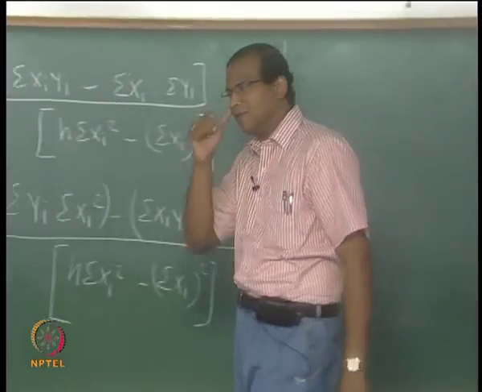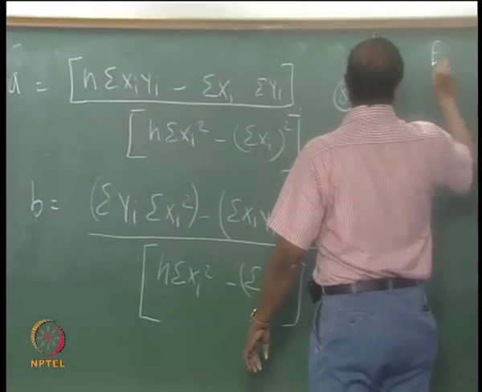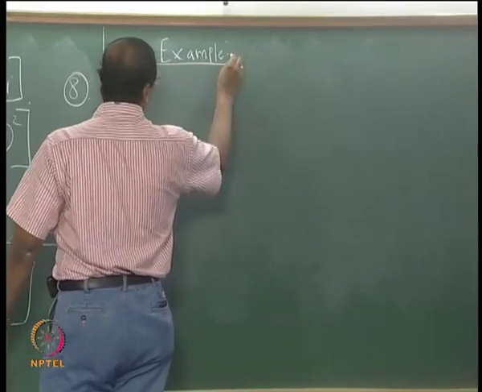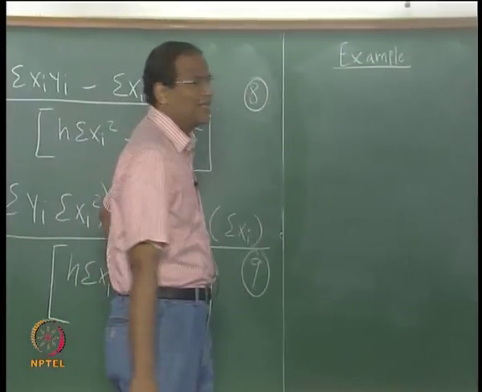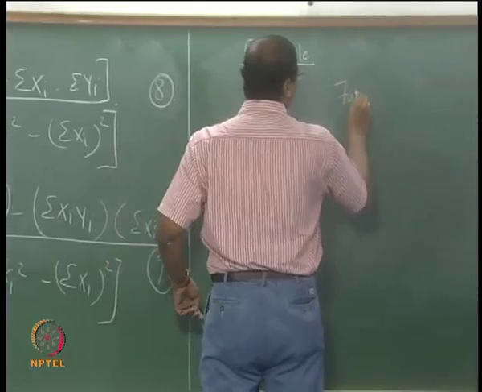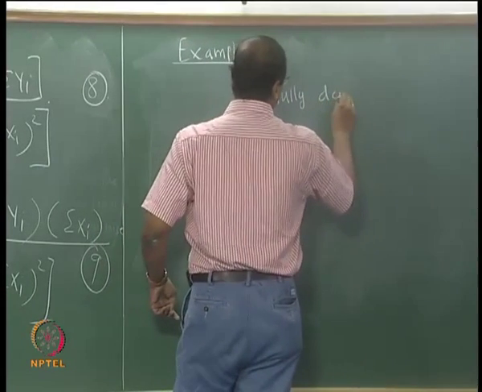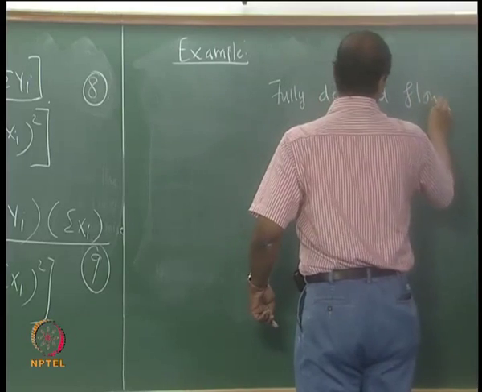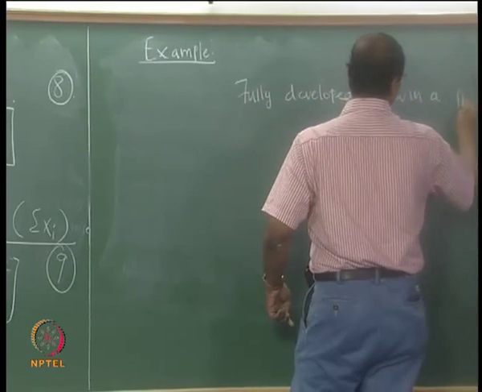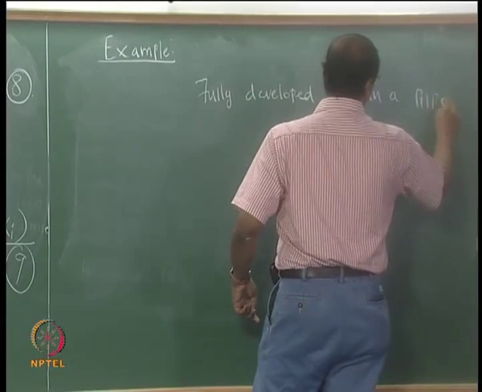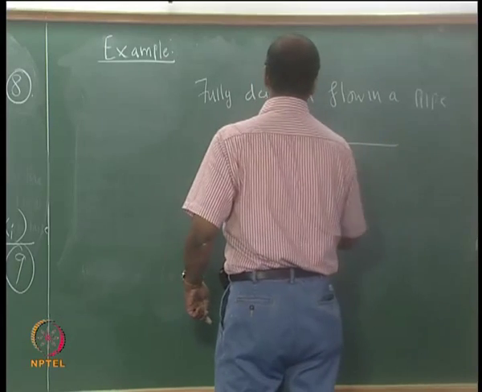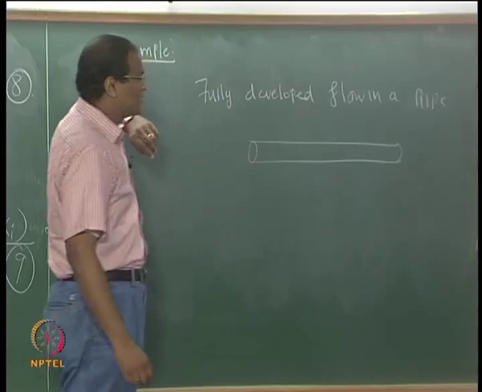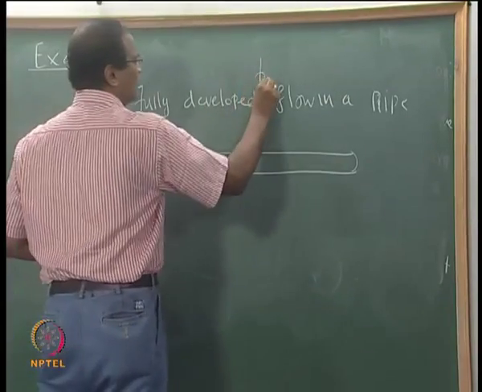So let us start with a simple example. Let us say we have a fully developed flow in a pipe. I have taken a pipe like this, I have fully developed turbulent flow.